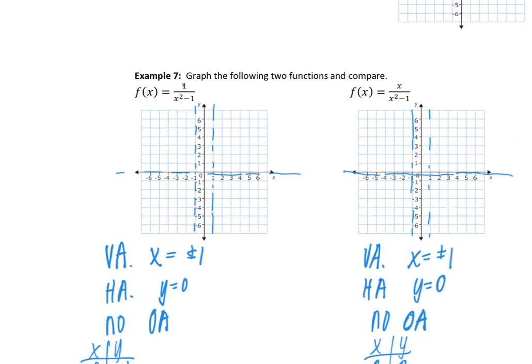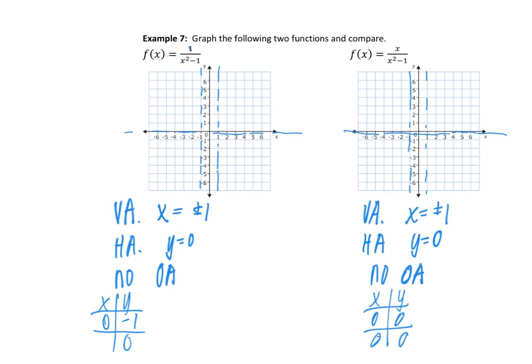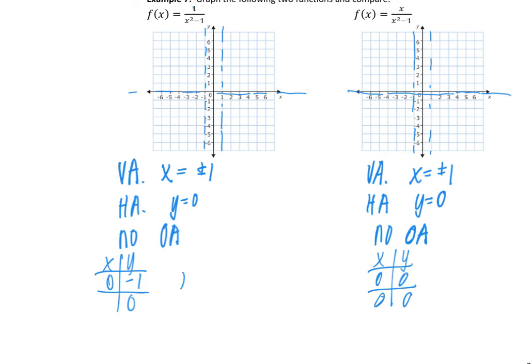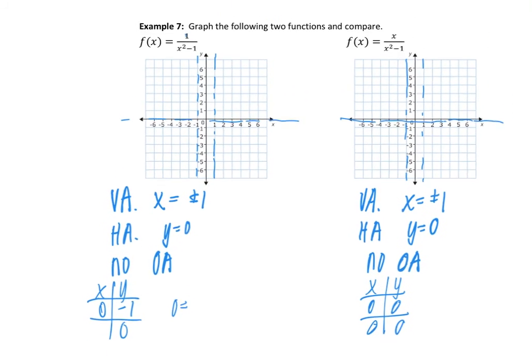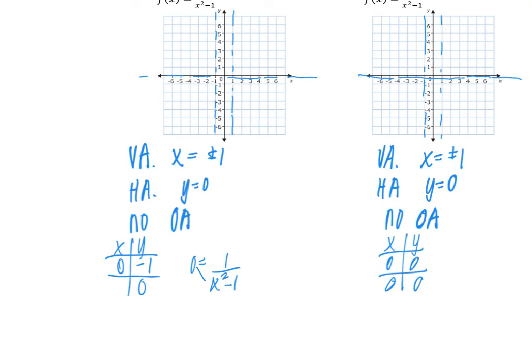For the function on the left, let's plug in 0 for y. So if I plug in 0 for y, that would be saying 0 equals 1 over x squared minus 1. And that's cross multiplication. So I get 0 equals 1, and 0 does not equal 1.